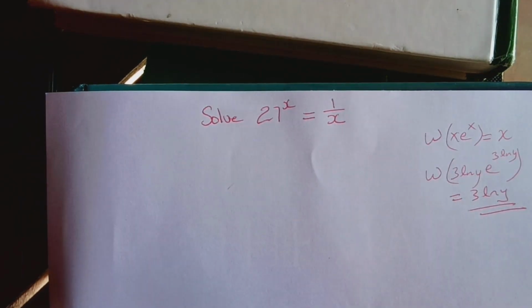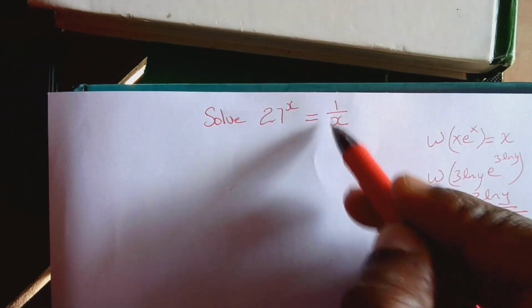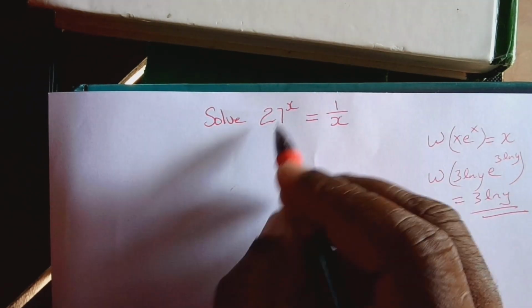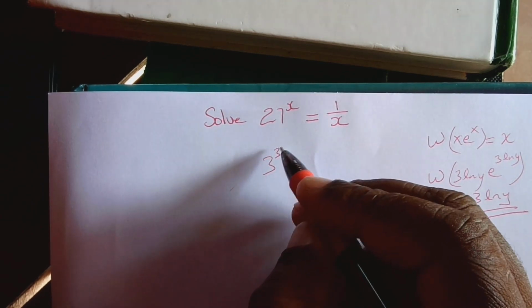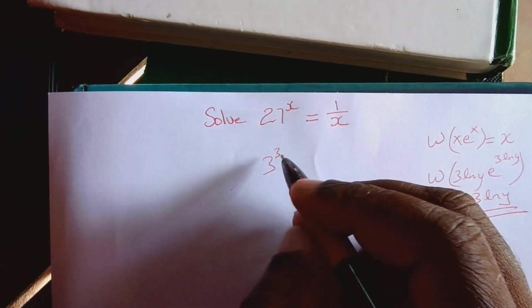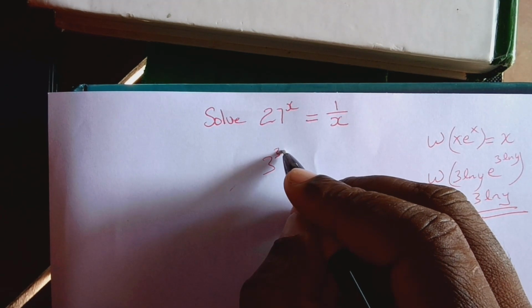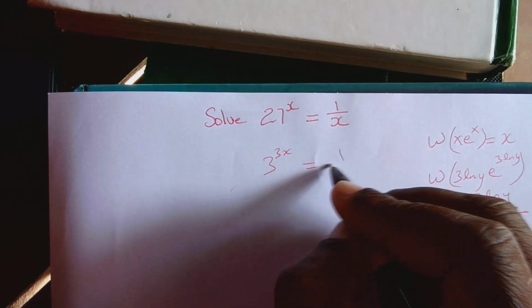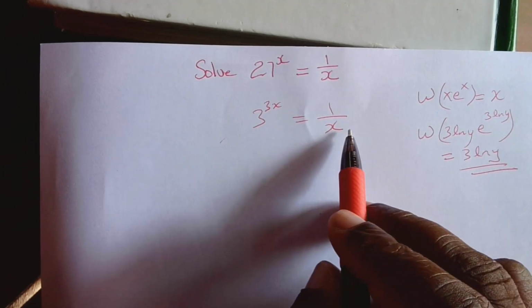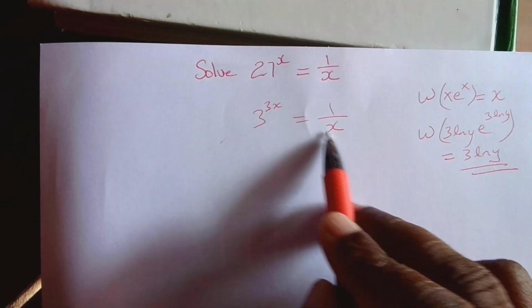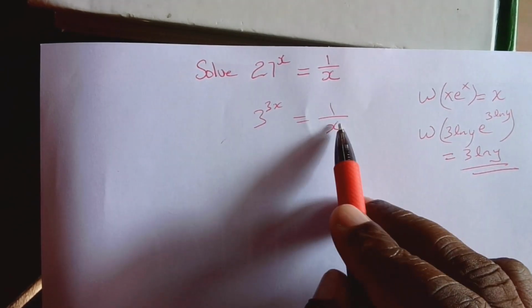Okay, now first off, let us try to make this side 1, but let's rewrite this as 3 to the power of 3, that's 27. And 27, or 3 to the power of 3, raised to the power of x, that's power to power, so that's 3 times x, which is 3x. Now to make this 1, we're going to multiply by x. Any quantity multiplied by its reciprocal is 1.